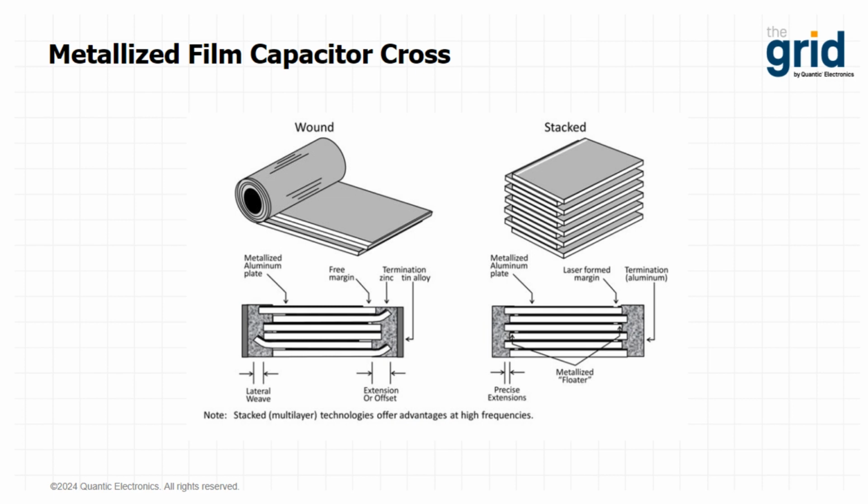Let's take a look here at the mechanicals, the cross section. If we're comparing a wound film capacitor, that is the traditional film capacitor that most engineers are familiar with, to Pactron's multi-layer polymer technology or stack technology on the right, wound film capacitors that you see on the left actually are composed of two continuously wound electrodes.